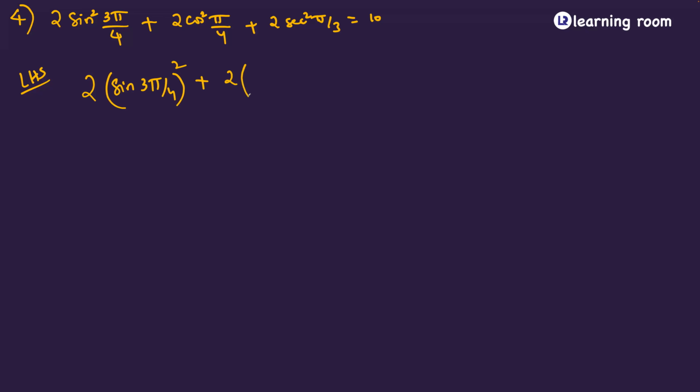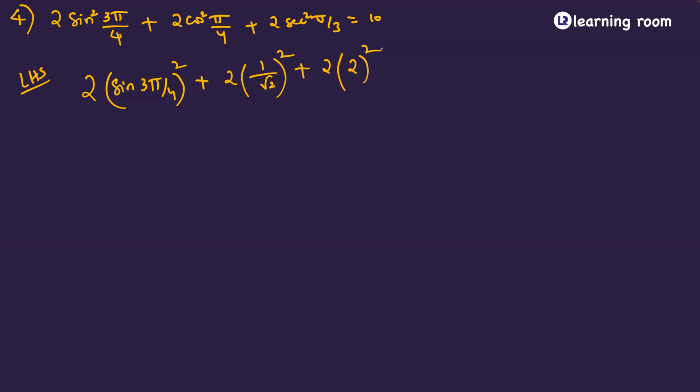Plus 2 into what is the cos pi by 4 value? It is 1 by root 2. You have a square here. Plus 2 into what is the secant pi by 3 value? Secant pi by 3 value is 2. So it is going to be 2 square, because secant pi by 3 is 1 by cos pi by 3. Right?